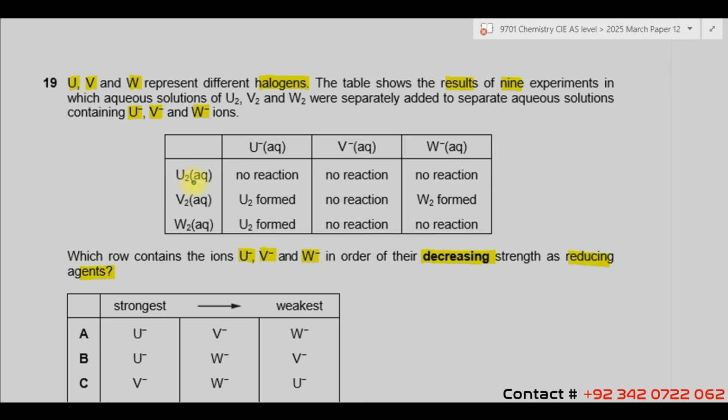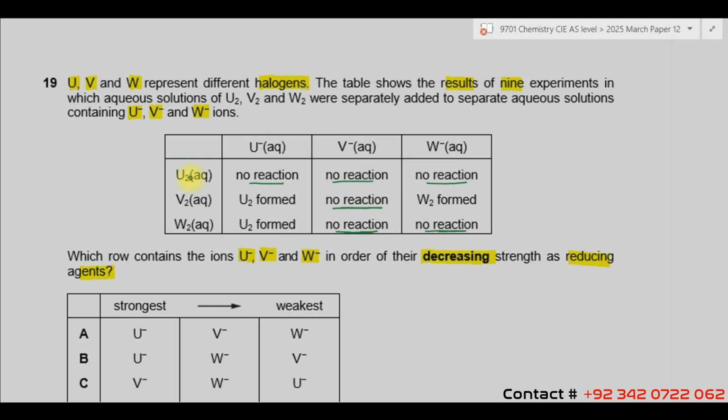So we have U2. When it reacts with U-, V- and W-, there is no reaction. V2 reacts with U-, reacts with W-, but it does not react with V-. W2 does not react with V-, does not react with W-.